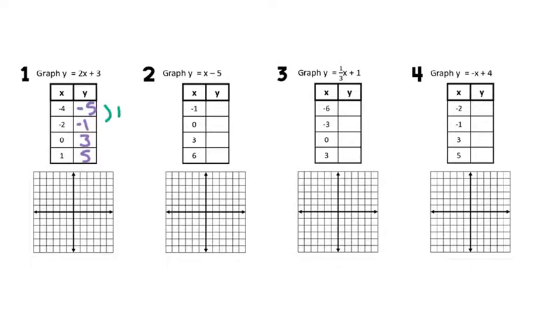So we're adding 4. Let's see, negative 4 times 2 is negative 8, plus 3 is negative 5. Negative 4 plus 3 is negative 1, 3.